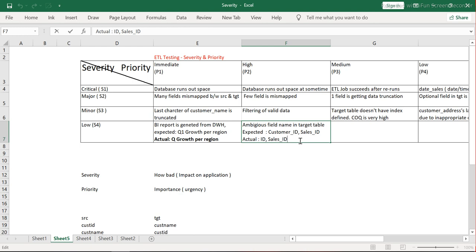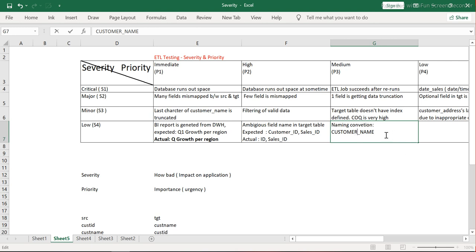Low severity and medium priority can be something like this: let's say I am following a certain naming convention as part of my ETL testing. What I should get is customer underscore name in my target table.